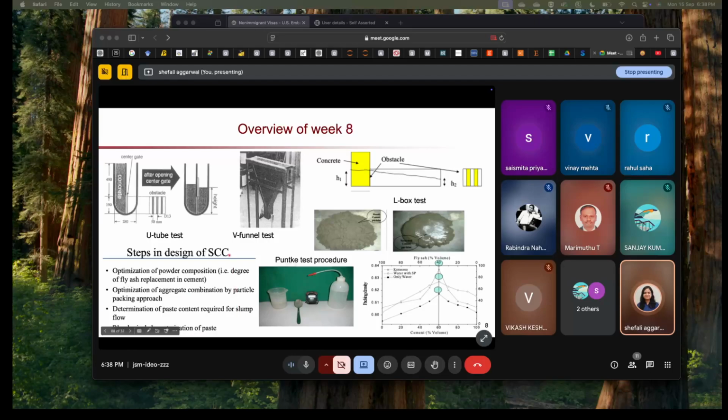For SCC, there is one test which is designed, the Puntke test. This is mainly designed for SCC type systems. What is happening in this type of test? The main principle is that in our particles, water will fill inside the voids.